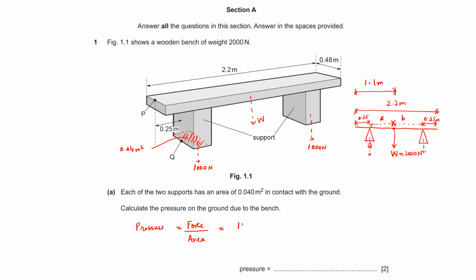So the force acting over it is 1000 newtons divided by 0.04 meter square. So we will get around 25,000 pascals, or we can say 25 kilopascals. So this is the pressure that is exerted on the ground due to the bench. So pressure is 25,000 pascals, equal to 25 kilopascals.